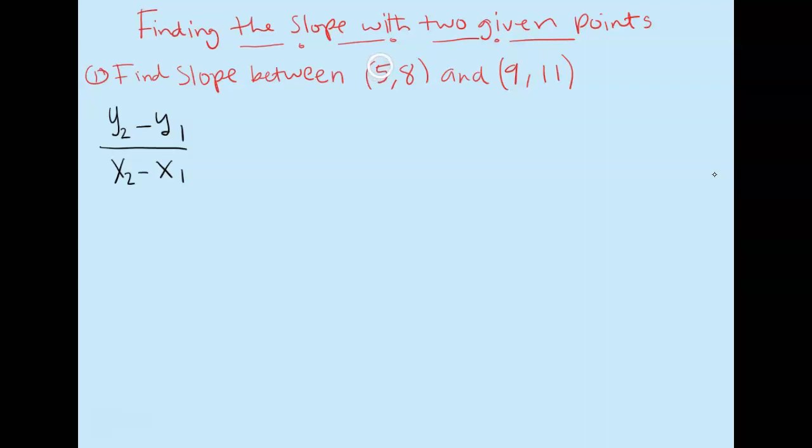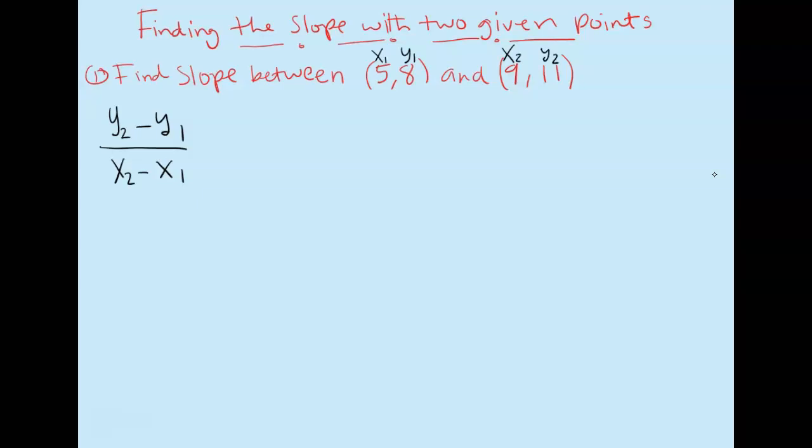This one is our first point, so we can label this one as x1 and this as y1. Then the next one here, this is our x2 and our y2.